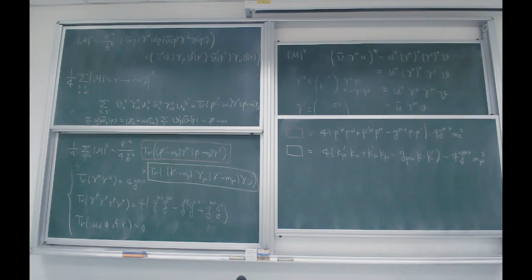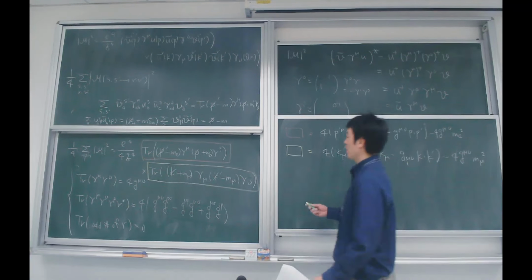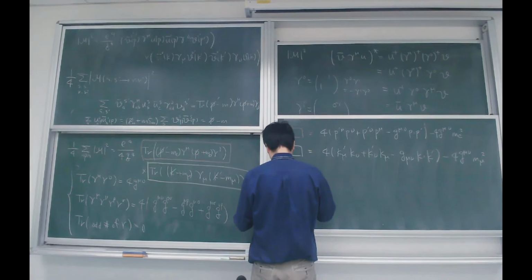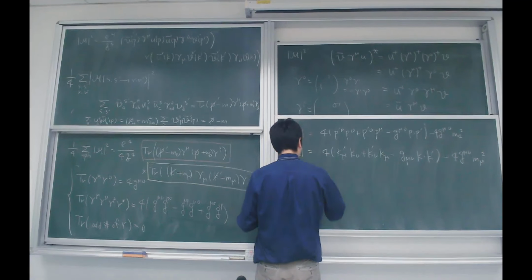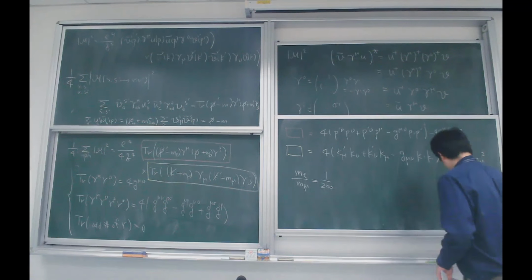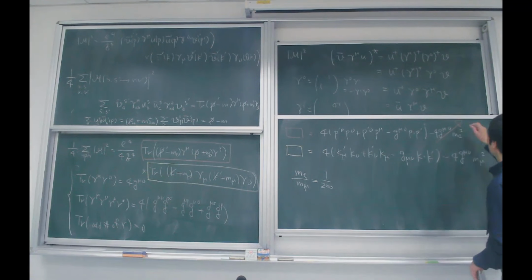But to do that, we just notice that the mass ratio of the electron to the muon is about 1/200. So effectively we can ignore this term, comparing the muon mass, the electron mass is much smaller.